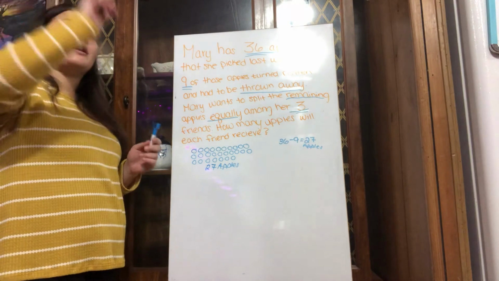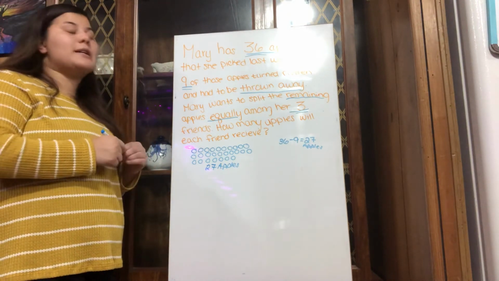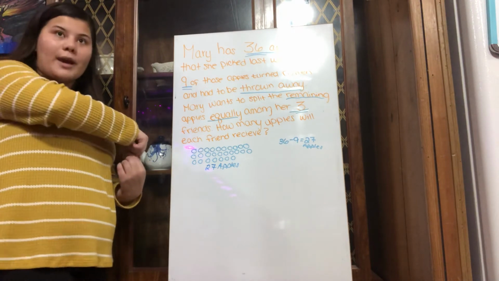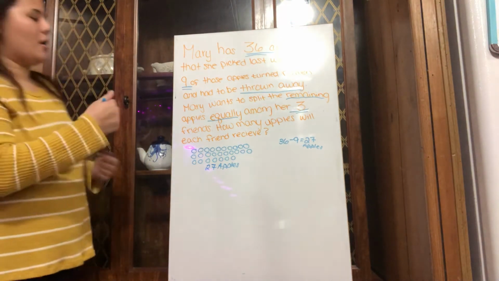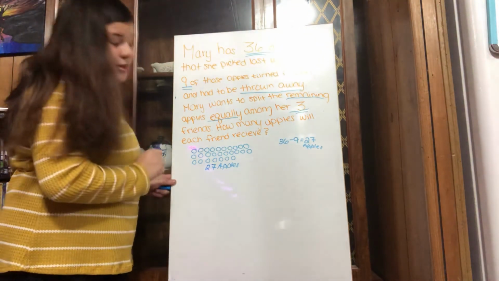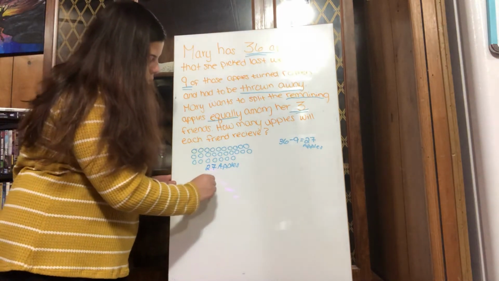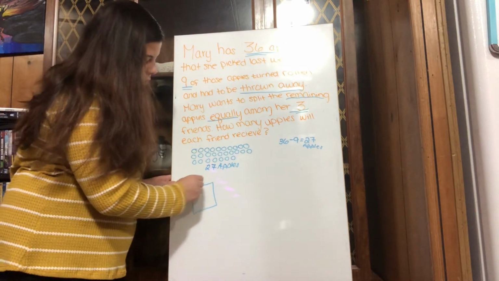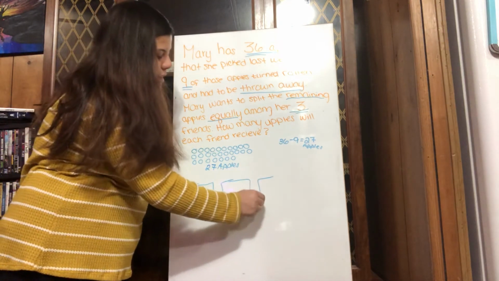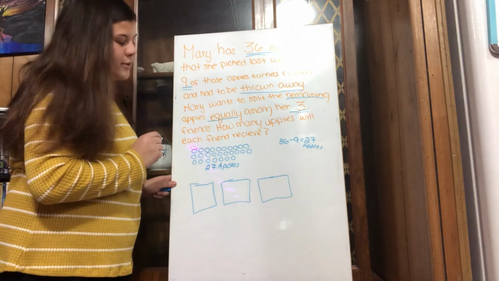Group 3. One person from the group, will you please explain to me how you arrived at your answer? Okay, so group 3 says that what they did is they drew 3 boxes to represent each friend that would be receiving apples.